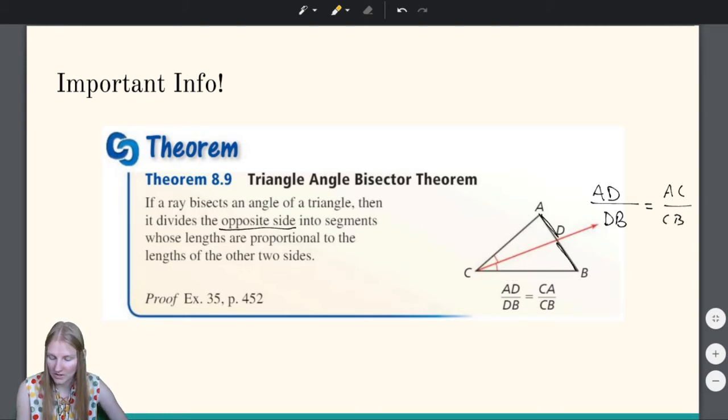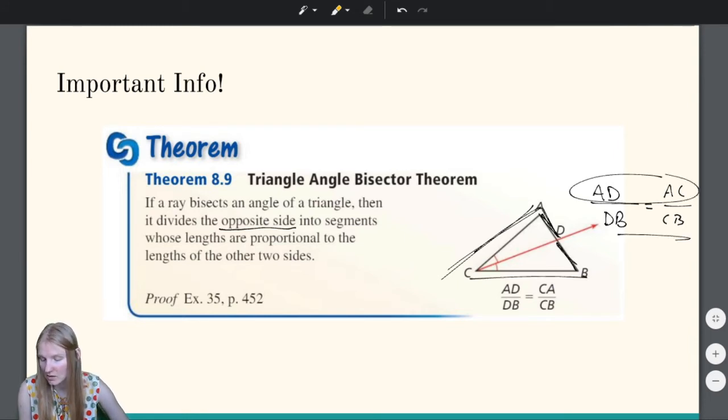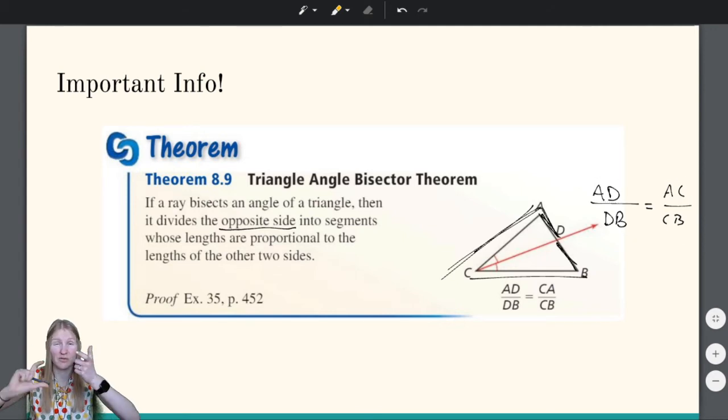Now, notice how we kept AD as one of the segments. The side that connects with AD goes on top. The side that connects with DB goes on the bottom. So we have to stay consistent. Again, we can't be flipping our fractions or we're going to get answers that are a little bit wrong.